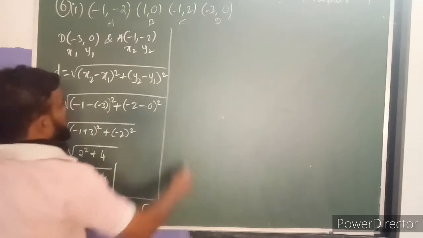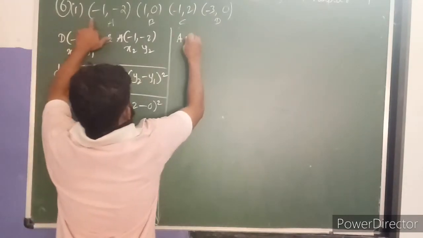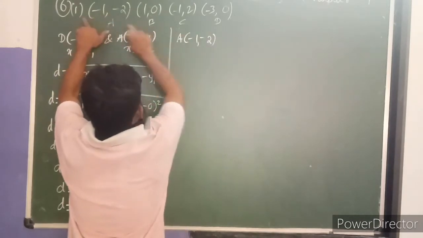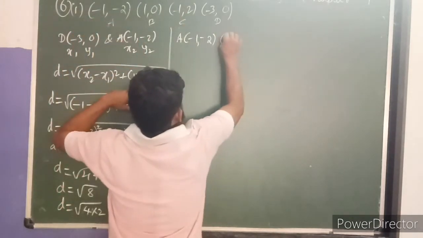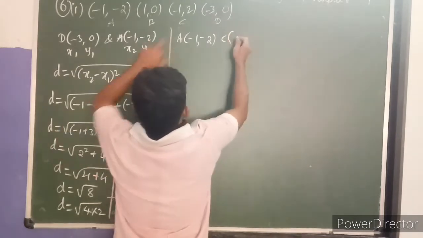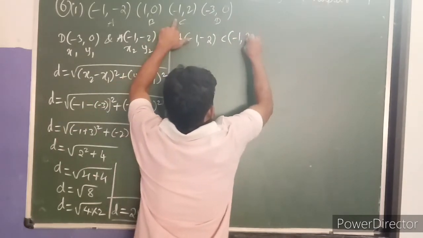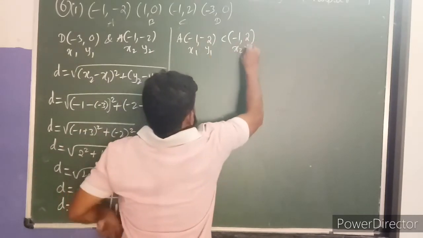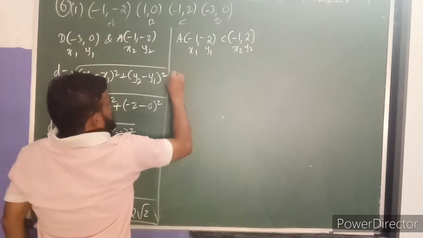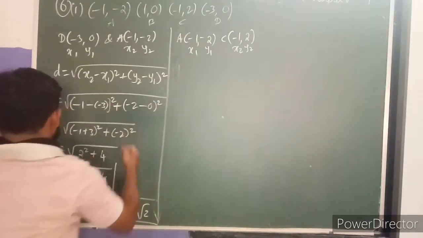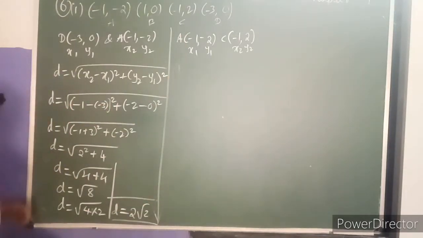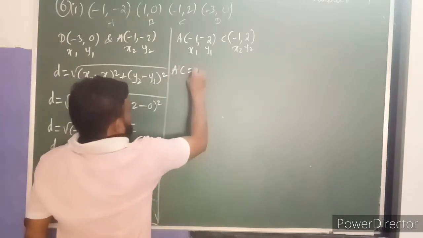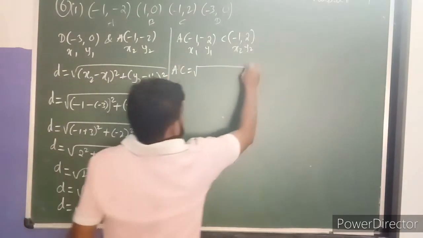A is -1, -2, and AC is the diagonal line. C is -1, 2. These are X1, Y1, X2, Y2. The distance I will put directly, for AC I am going to write directly the values.